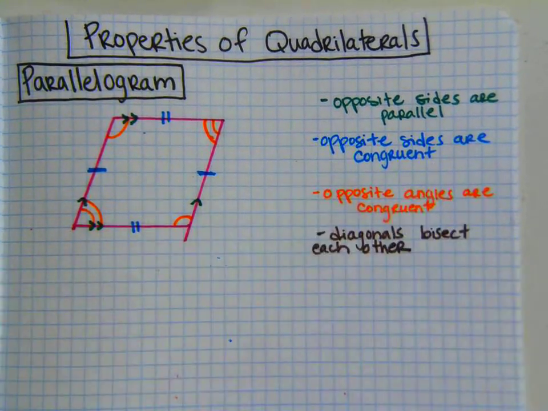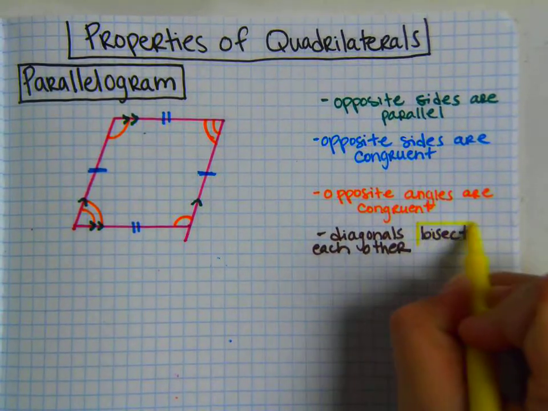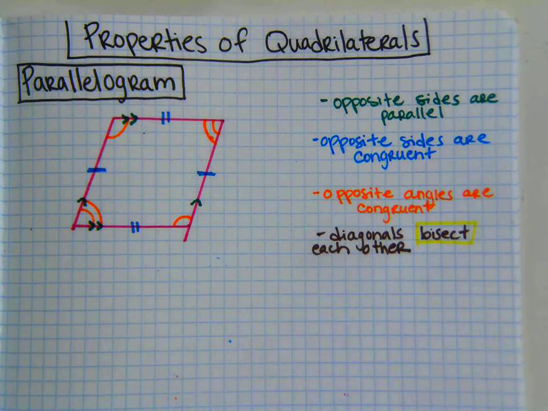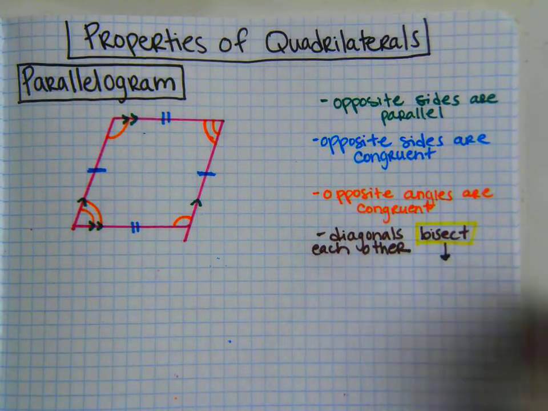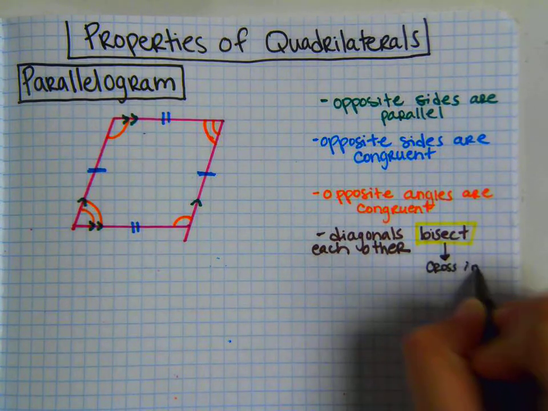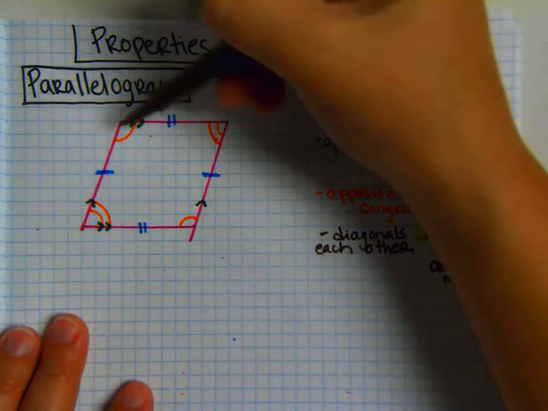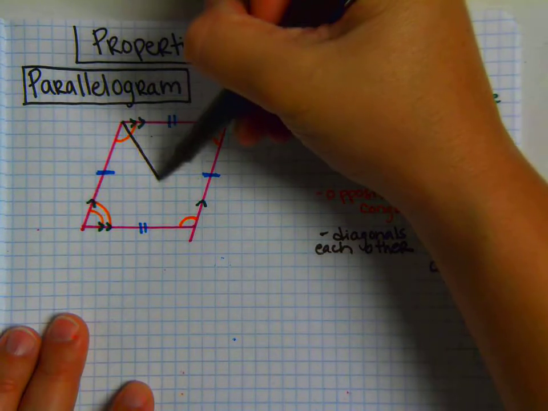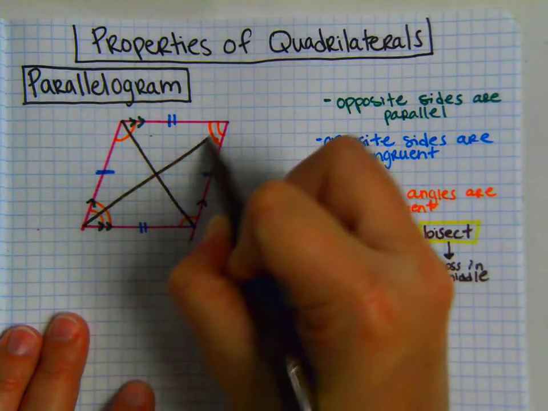Now that word bisect, what does bisect mean? Bisect means they cross in the middle. So if I draw the diagonals, I'm going to draw from this point to this point.